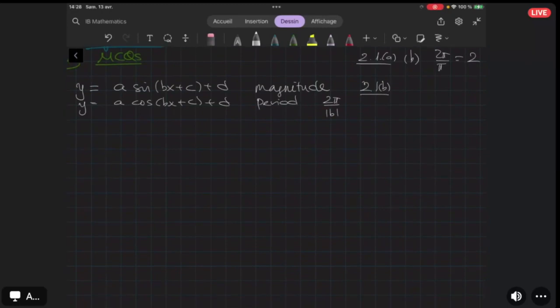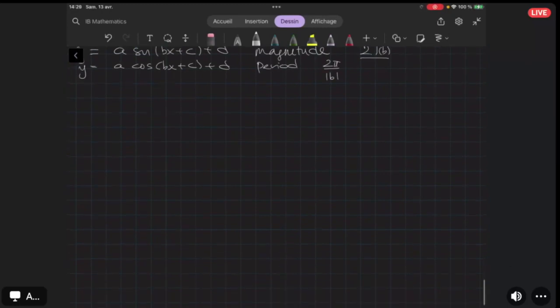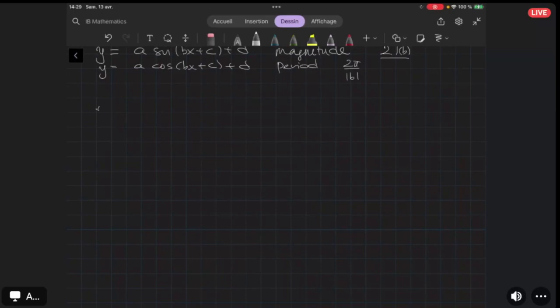10. What's the maximum value of a tangent function, people? Let's sketch this guy. Let's just start with y equals tan of x. Oopsie.